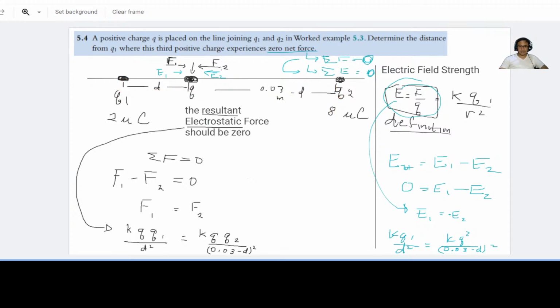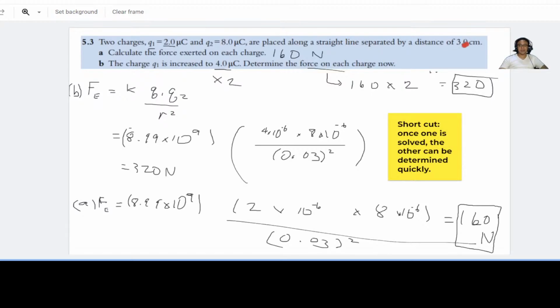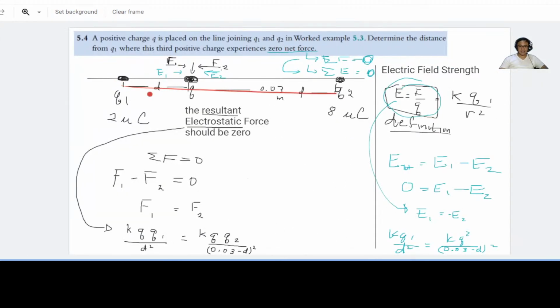Because it's from the same problem as this. Right? So if this is 3 centimeters, then this is D, then this must be 3 centimeters minus D. And the distance from this charge, Q, to Q2 is this.